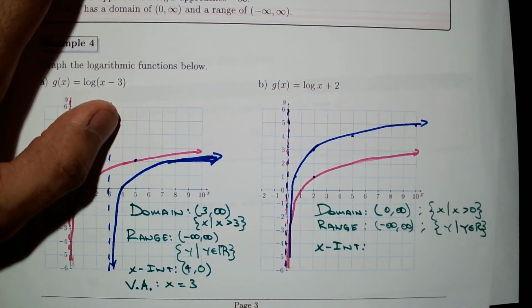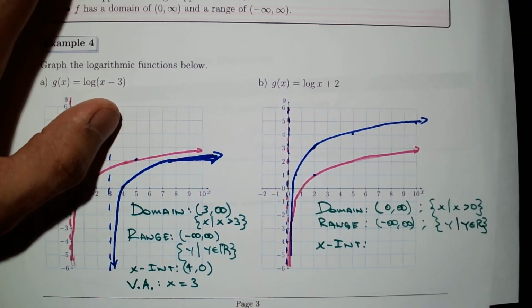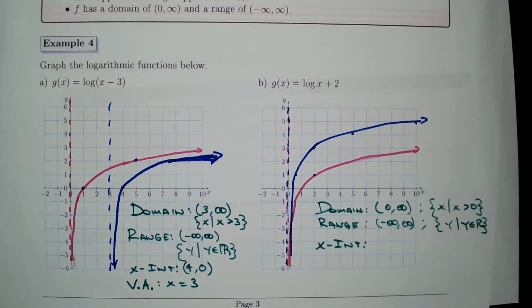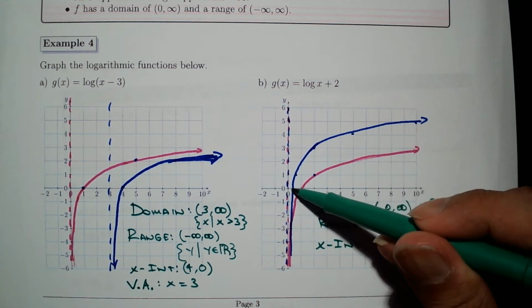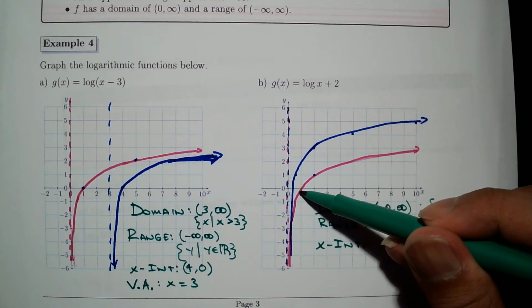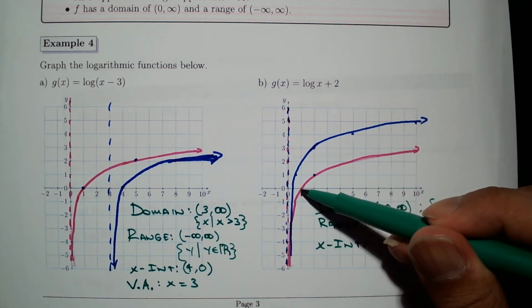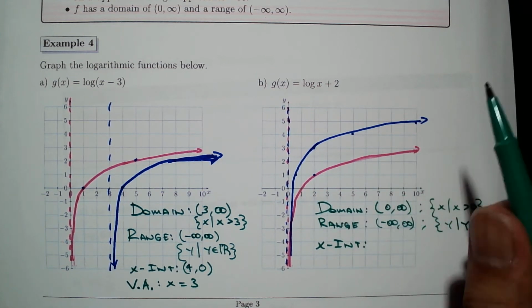Well, in this case, we need to be very, very careful with the x-intercept. Because the graph shifted 2 units up, this will no longer be 1, 0.